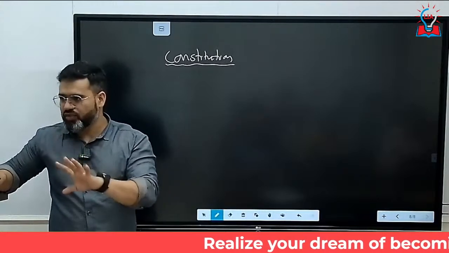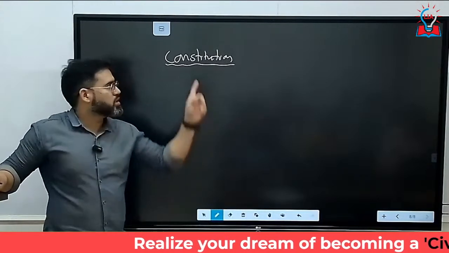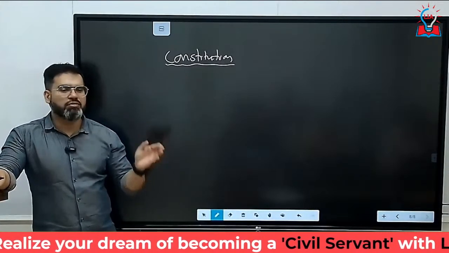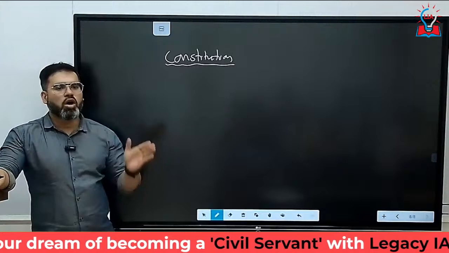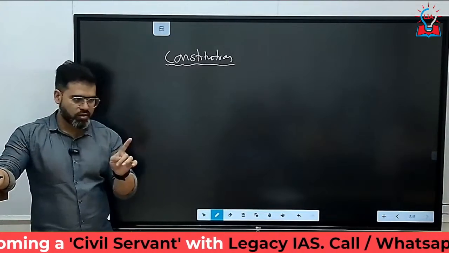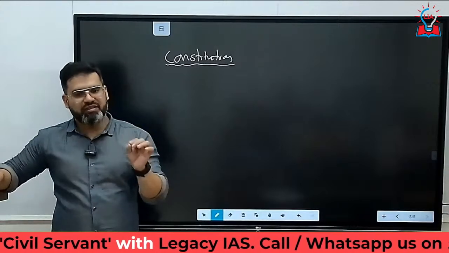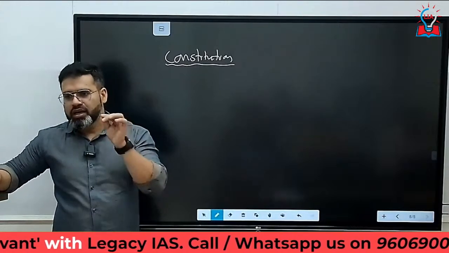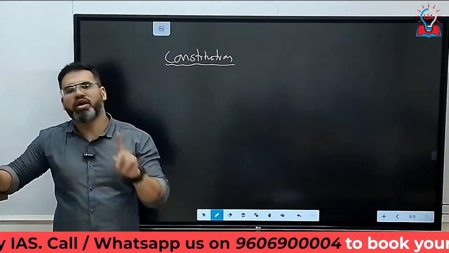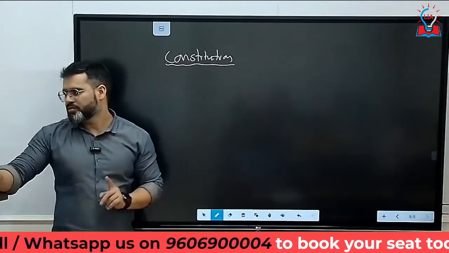These things we need to mention somewhere. This is nothing but the constitution. Number 1, the constitution defines the limits and authorities of various organs of the state.